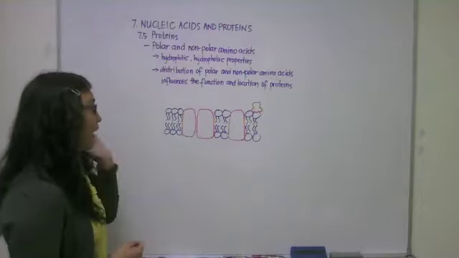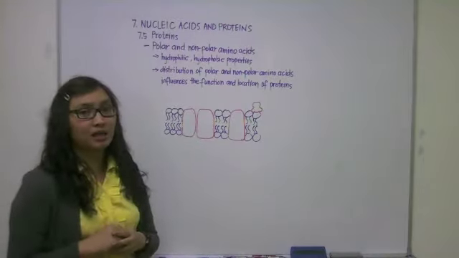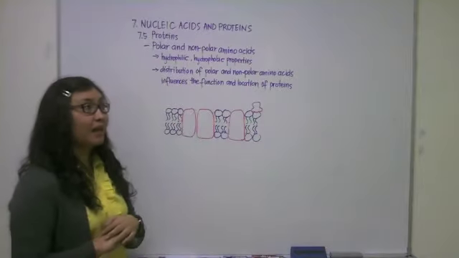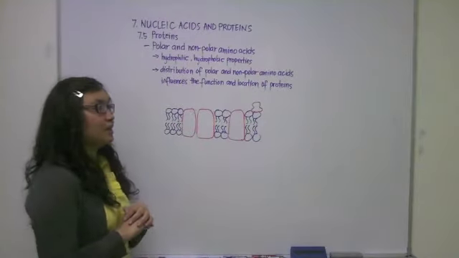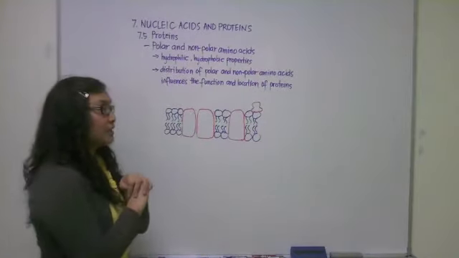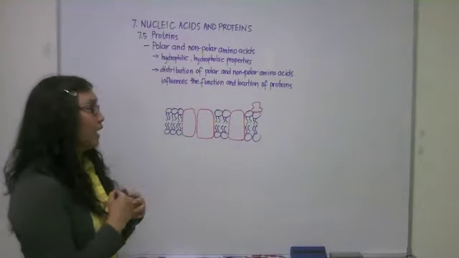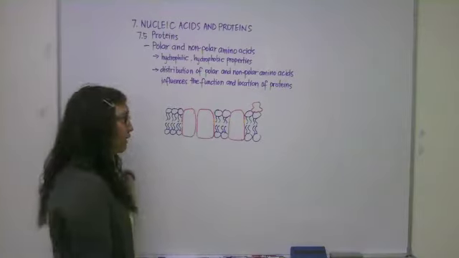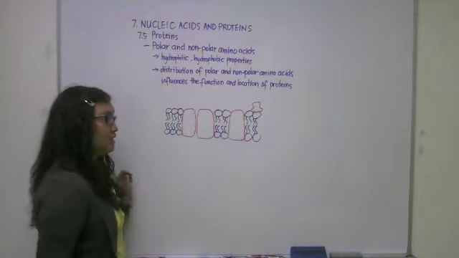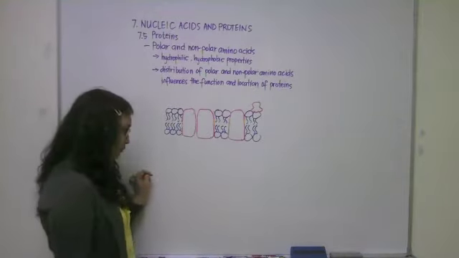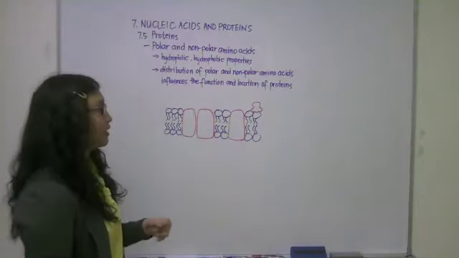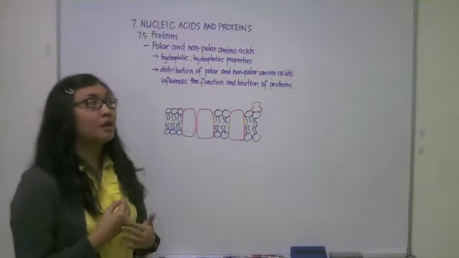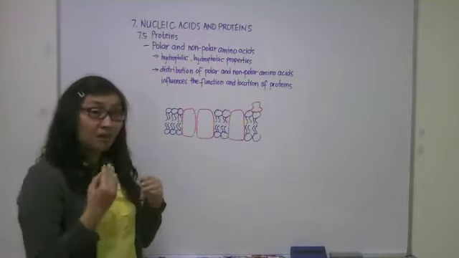In this case, I have drawn a plasma membrane here, and the protein serves as the membrane proteins. The ones in purple are the phospholipid bilayer, and the ones in red are the membrane proteins.